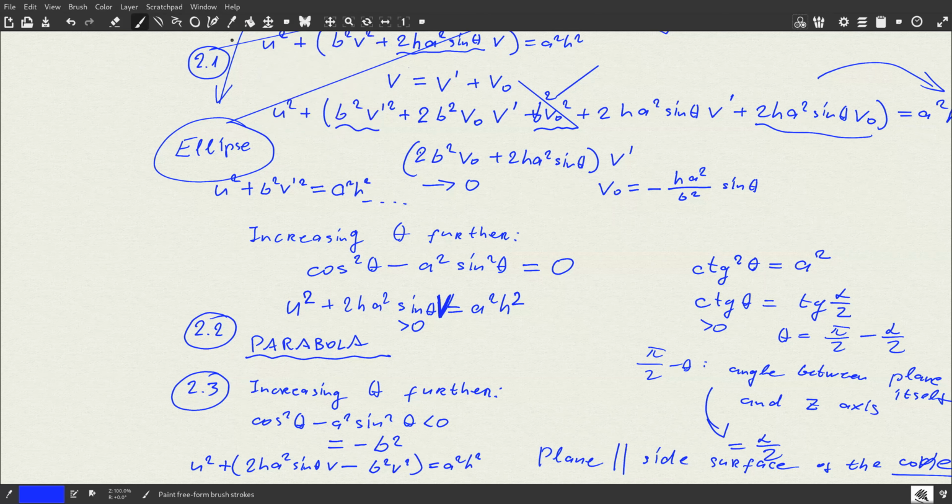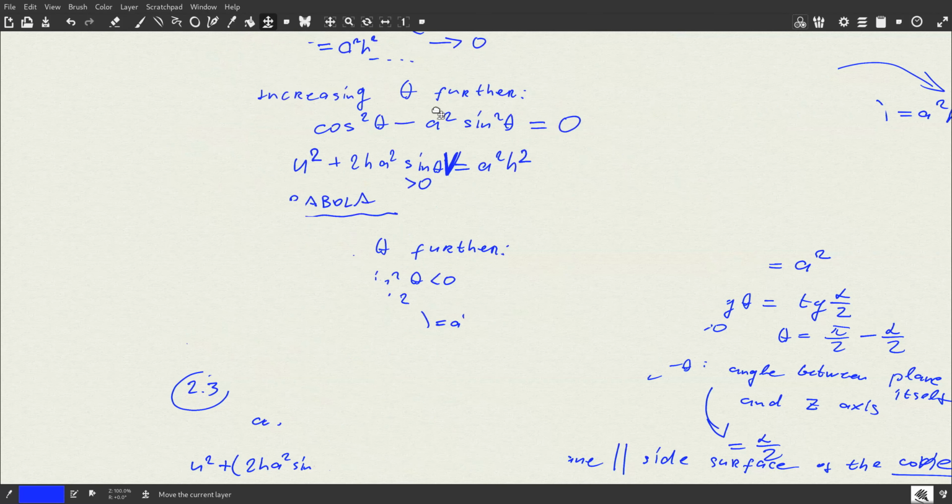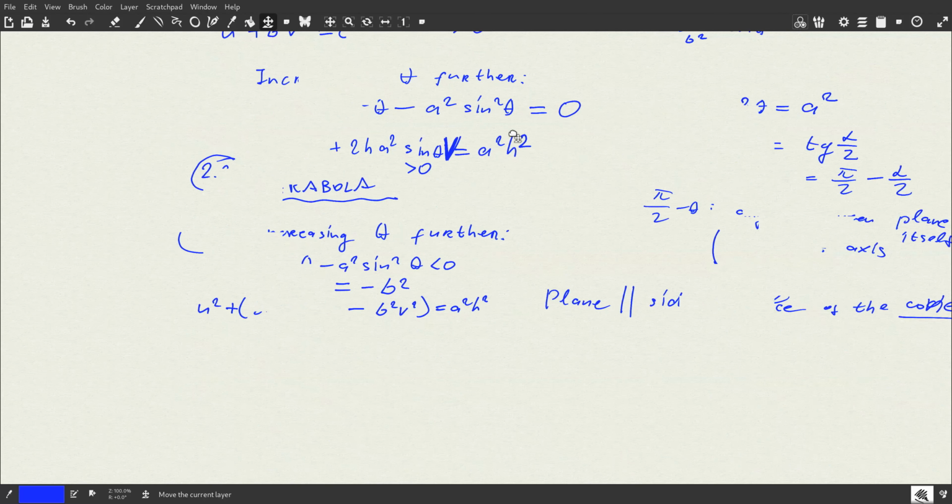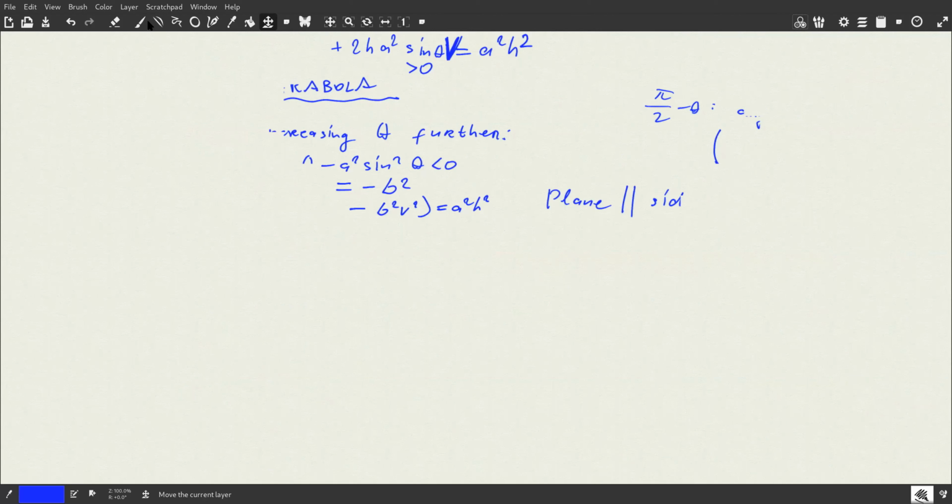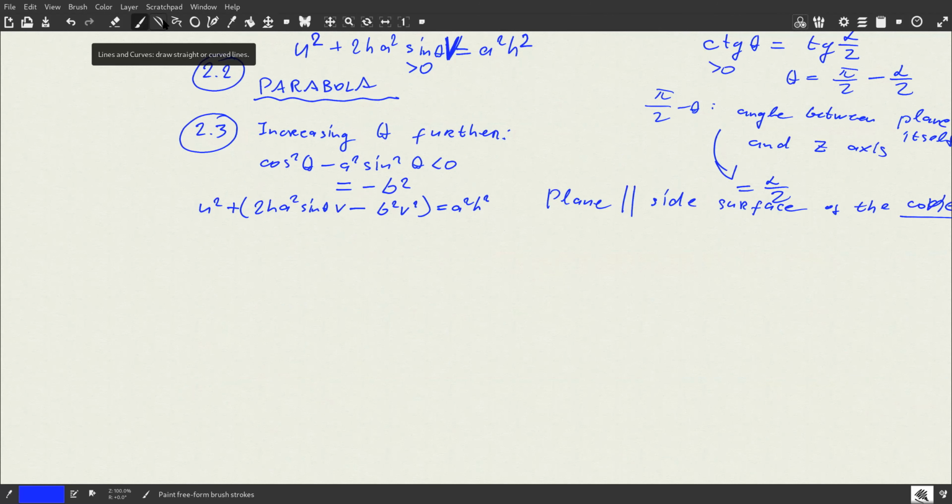It is very easy to guess, although this remains to be shown, we'll do it next time, that again, irrespective of the linear term, this is obviously a hyperbola.